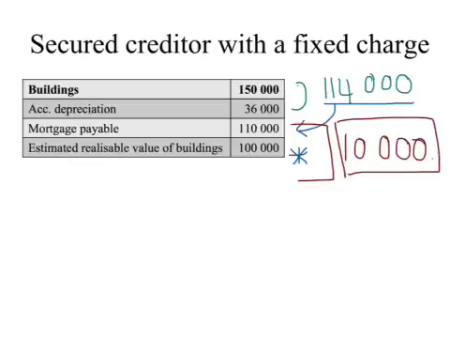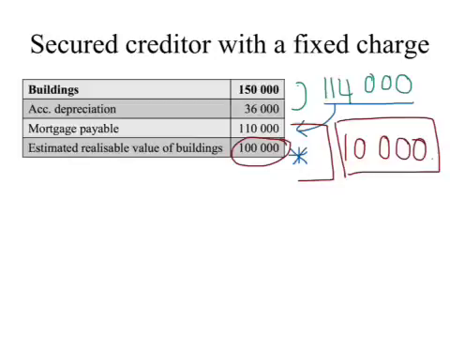The first creditors who are paid after that are the secured creditors with a fixed charge. So up to the value at which the asset is realized, in this case $100,000, will be covered in the first step of the payment process. So he'll receive $100,000 directly after the liquidator has been remunerated and refunded.